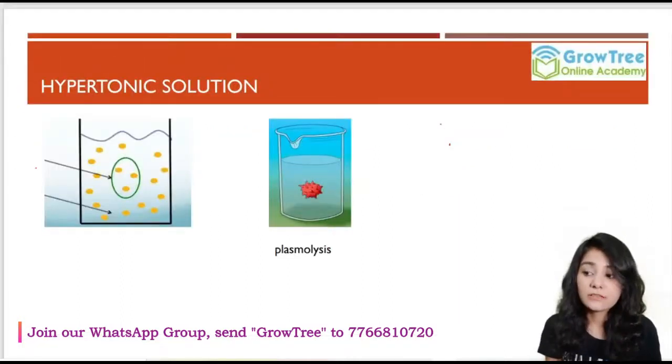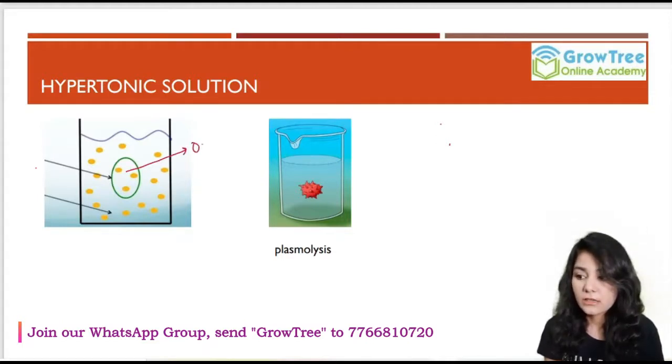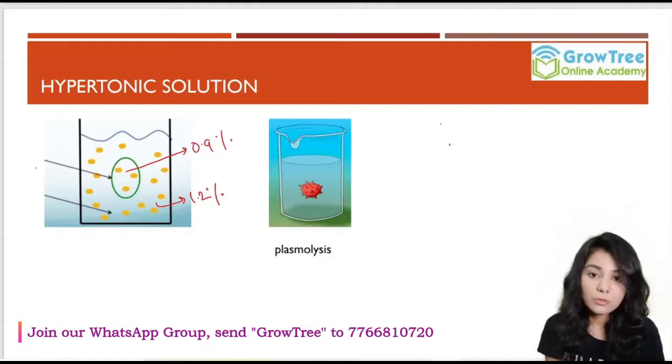Let us discuss hypertonic solutions first. Here, as you can see, there's a beaker and an RBC is placed inside this beaker. Let us say that the concentration inside the RBC is 0.9% and the concentration outside the cell, that is in the beaker, is 1.2%. This concentration is that of the solute molecules.